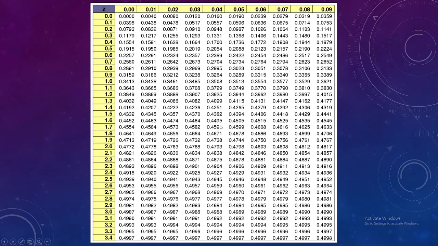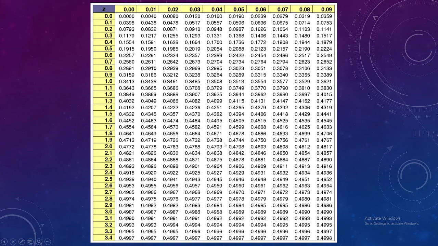Sir, is 0.45 in between 4495 or 4595? I cannot choose between them because the difference is 5, the difference is 5. So to get that, I'll add 0.4 or 0.5, that's 0.09 divided by 2, 0.45.